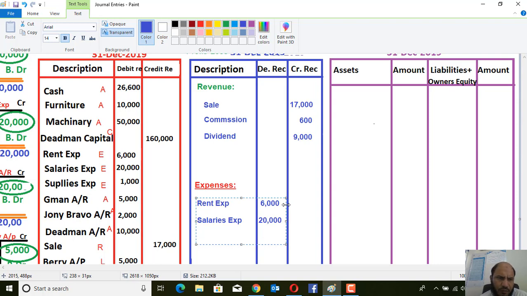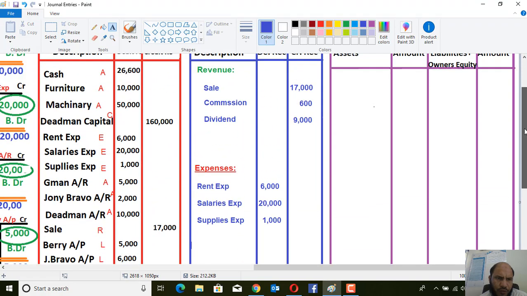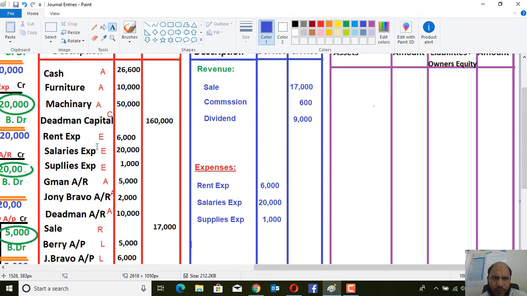And then we have the supplies expenses, which were equal to 1,000. Do we have any other type of expenses? We do not. We have only 3 expenses, so we have recorded all these 3. See dear students, the first expense is rent, the second one is supplies, and the third one was salaries.